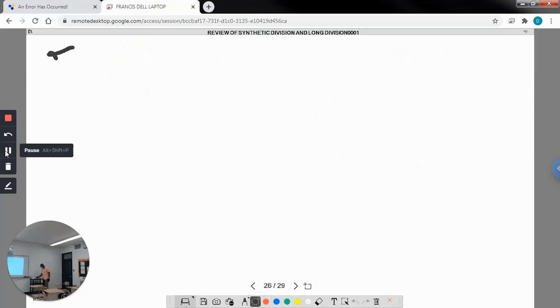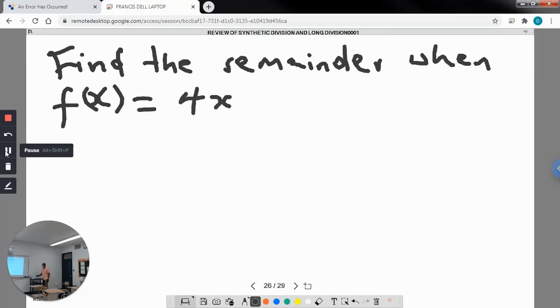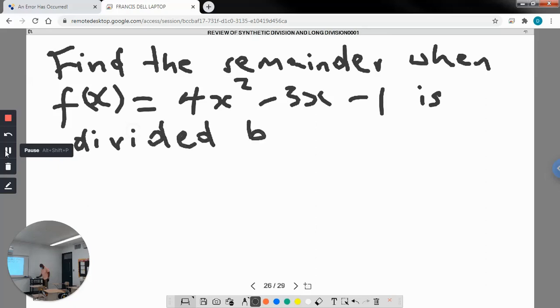Alright, so let's say find the remainder when f of x is equal to 4x squared minus 3x minus 1 is divided by x minus 3.